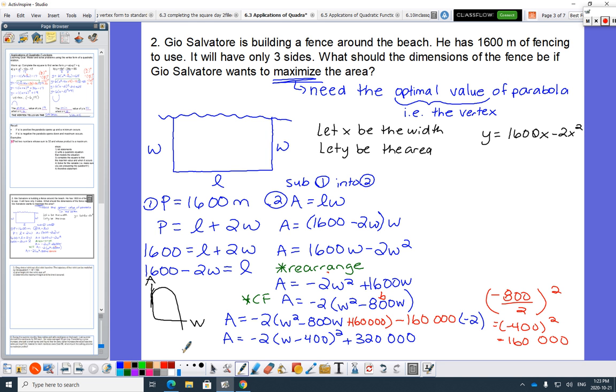So wherever it is, this maximum optimal value, what do we call that? Vertex? Is this vertex form? Yes. So when is this optimal value here? 3,200 when the width is 400. Okay? So it's up to you. Do you write out the vertex if you want?